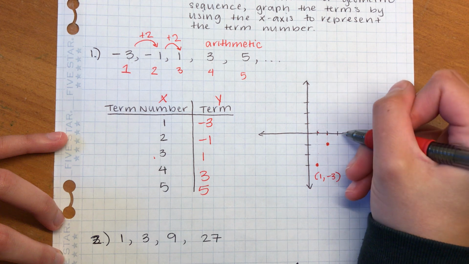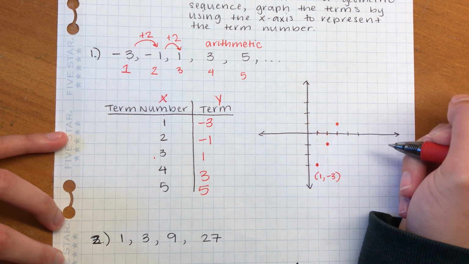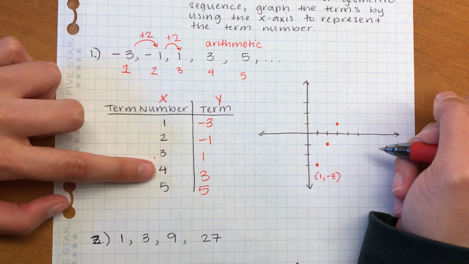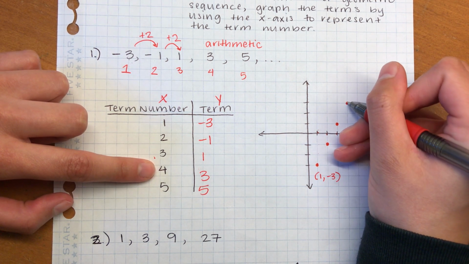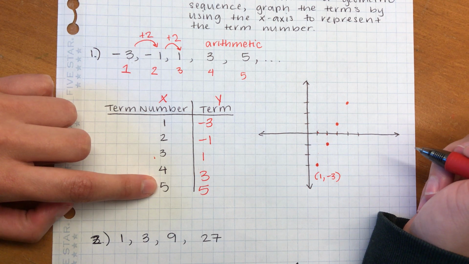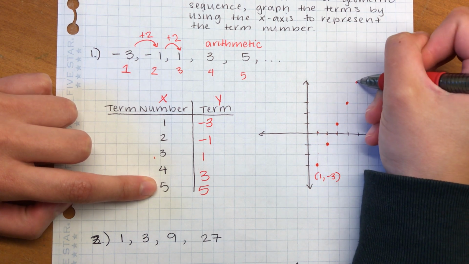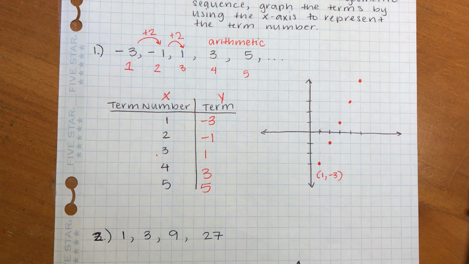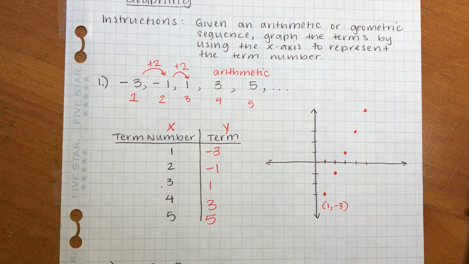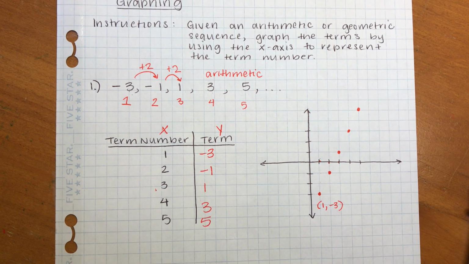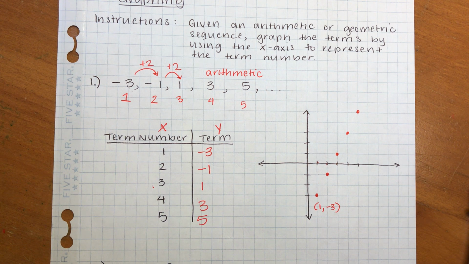Then 3, 1 will be over 3, up 1. 4, 3 will be over 4, up 3. And 5, 5 will be over 5 and up 5. So we have a graph of our arithmetic sequence using the x-axis as the term number. If you need to, rewind the video or go back, watch it again to make sure you know what's going on.